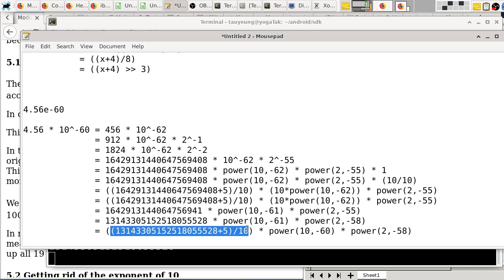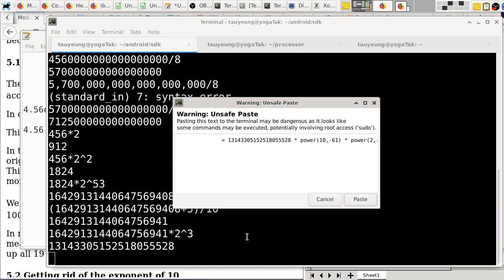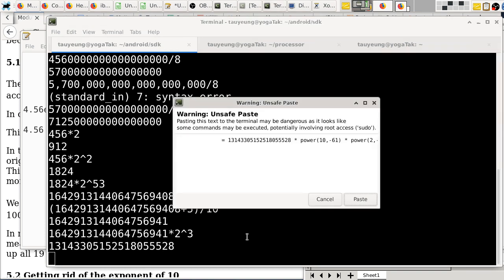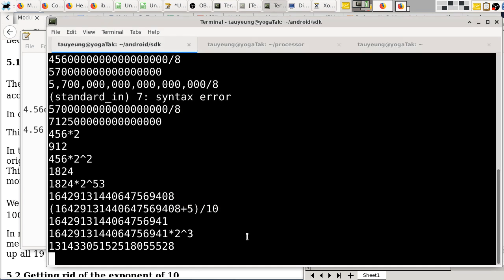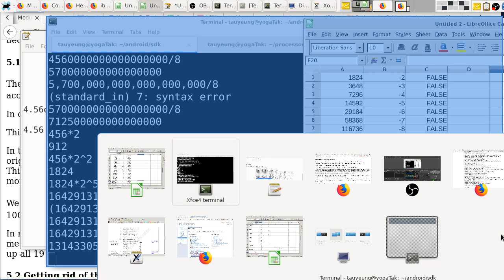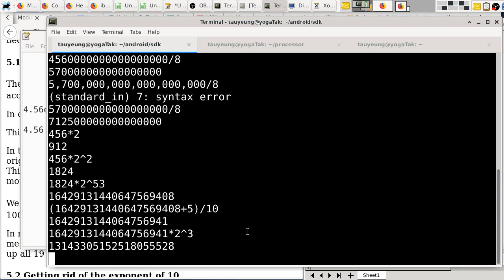So we need to do this actual calculation. Why doesn't it like it? Unsafe paste. I think it doesn't like the equal symbol, but the equal symbol is not there. Control C, Control Shift V, there we go.